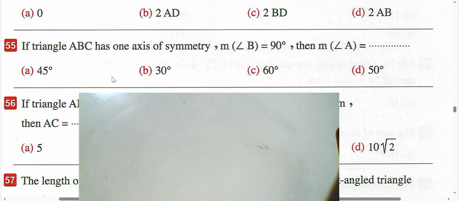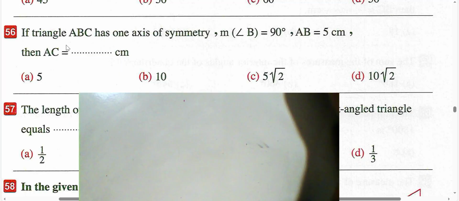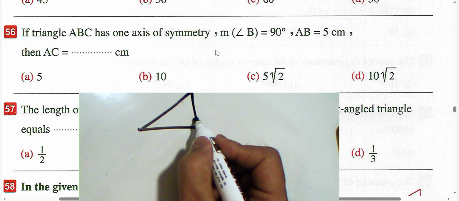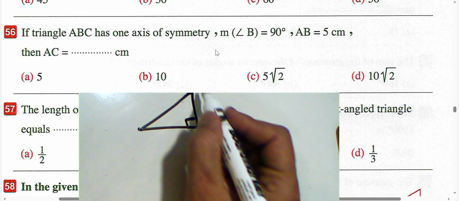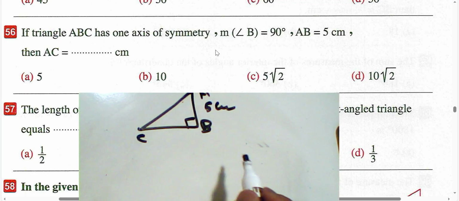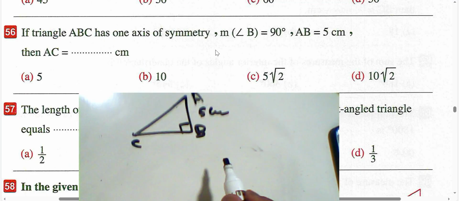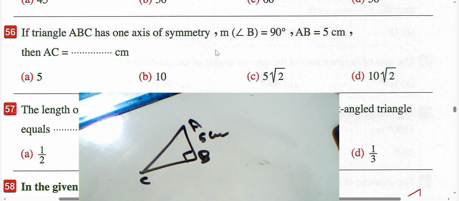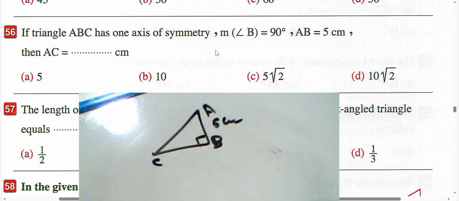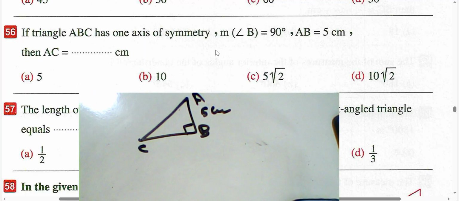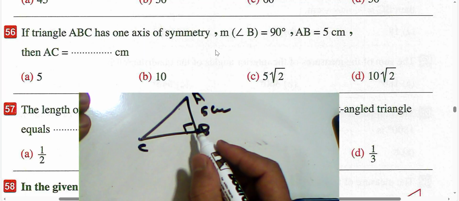Next question, 56. If triangle ABC has one axis of symmetry like this, a right angle triangle at B, and AB is 5 centimeters. Look here, AB was 5 centimeters, like this, and the measure of angle B is 90.